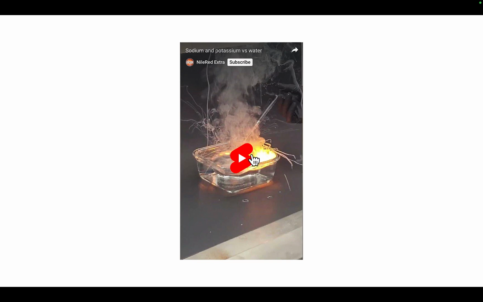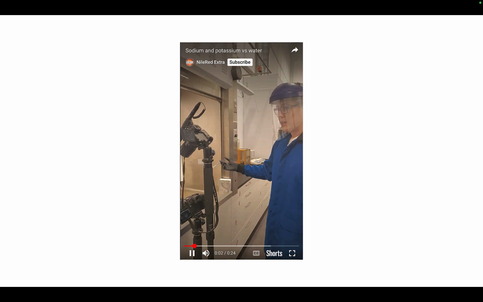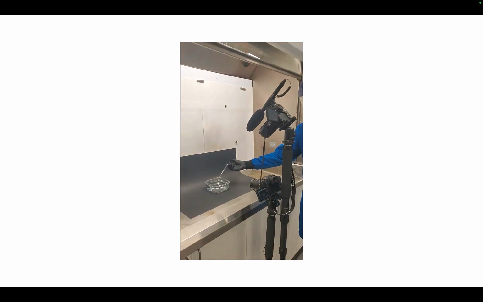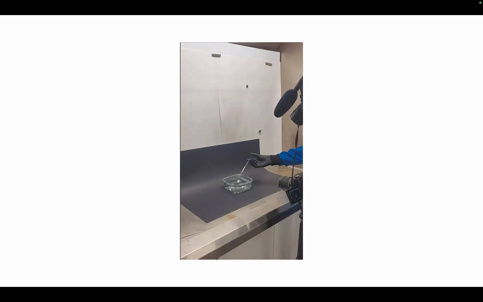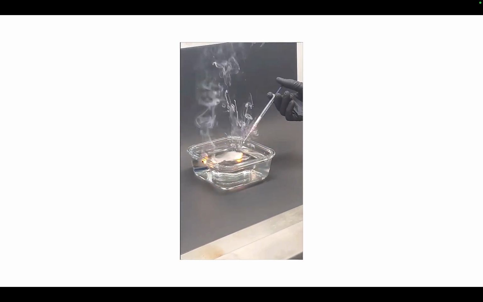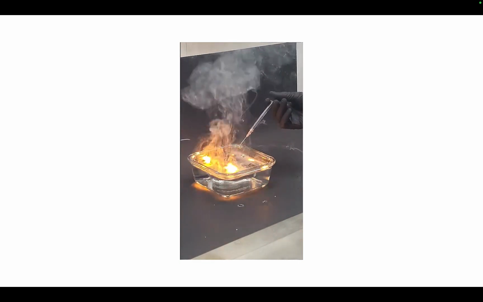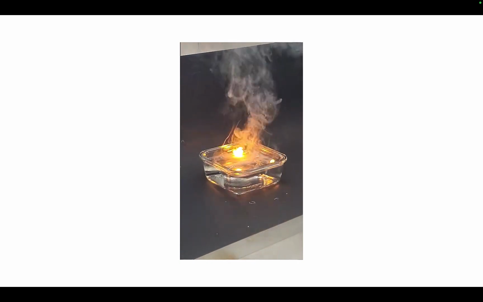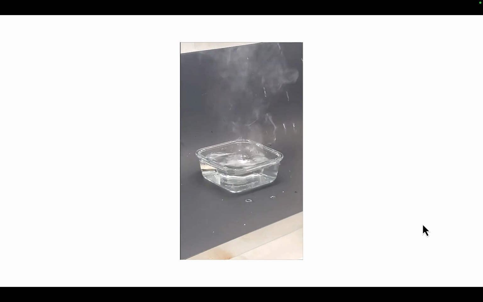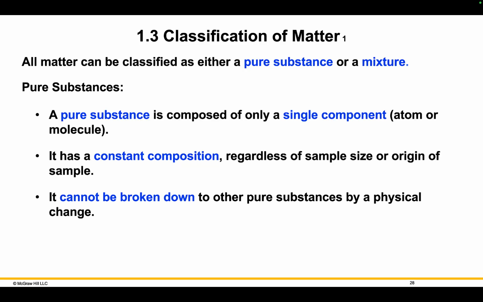But this is just sodium and potassium being put into water, and you can see that it undergoes chemical change here. Then we can say that one of the chemical properties of sodium and potassium metal is that they're reactive with water.